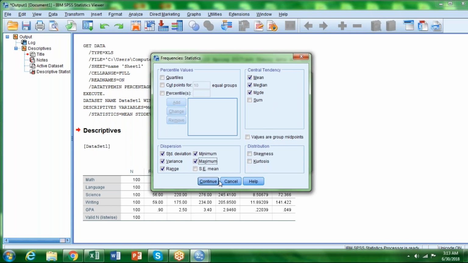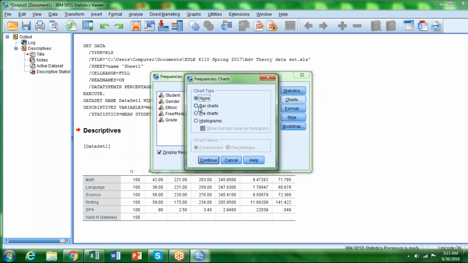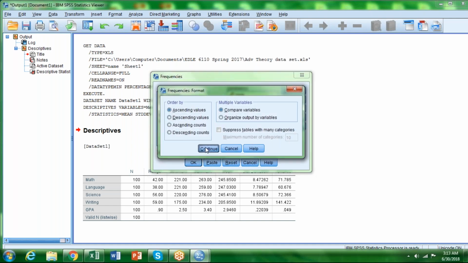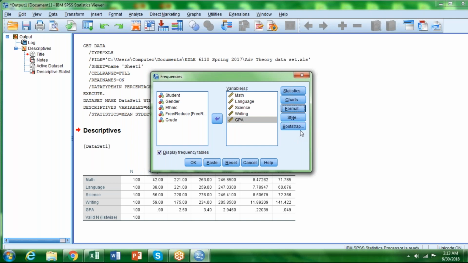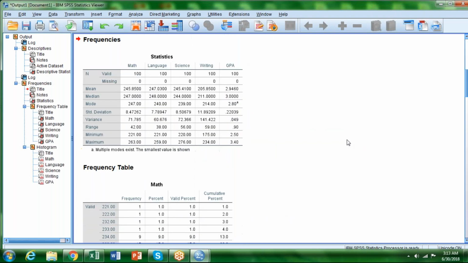That will give us these values for our content area variables. There's really nothing to gain by having a chart, but we can look at a bar chart. Or this time let's look at a histogram, because it's always fun. Nothing to change in our formatting. Style, we don't use Bootstrap, so we can say OK.